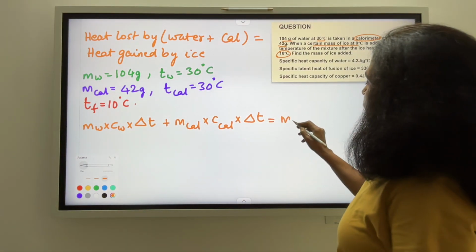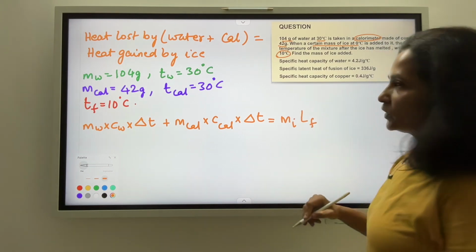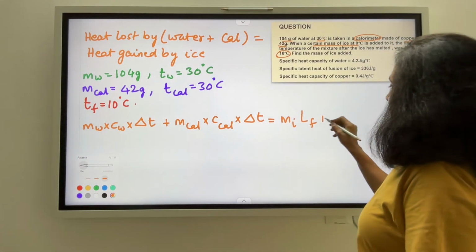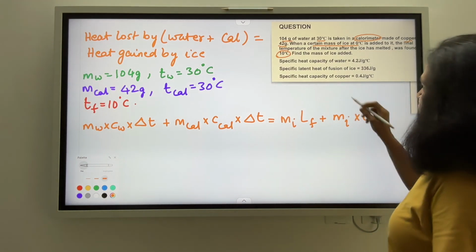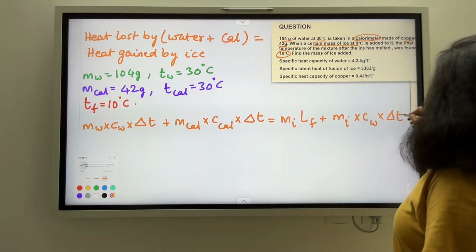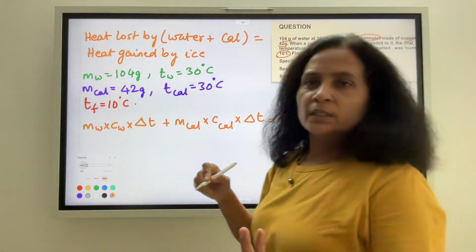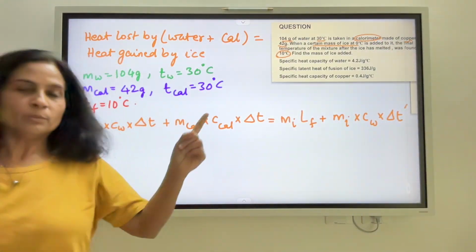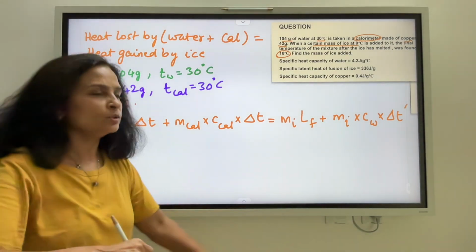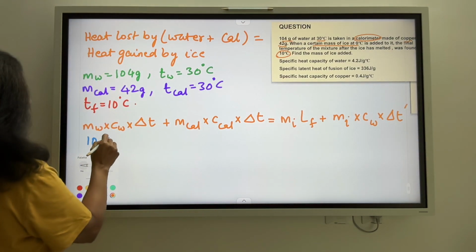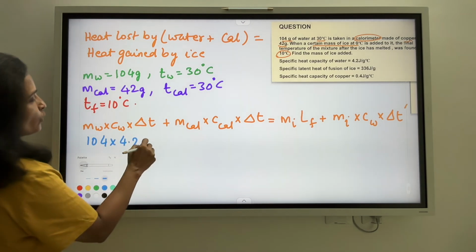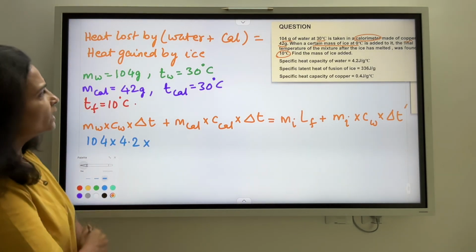So ice is first melting into water at 0 degree, and that water is now showing a rise in temperature which is say a del T dash. Actually we know its value, we'll just substitute the values, right? Mass of water 104, specific heat capacity of water 4.2, del T. How do I know del T?